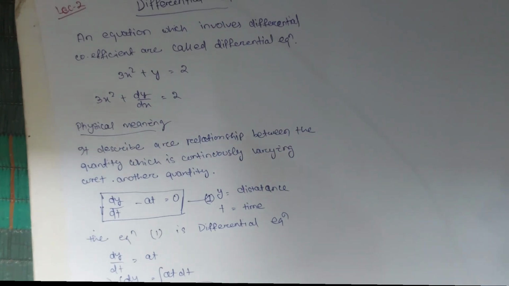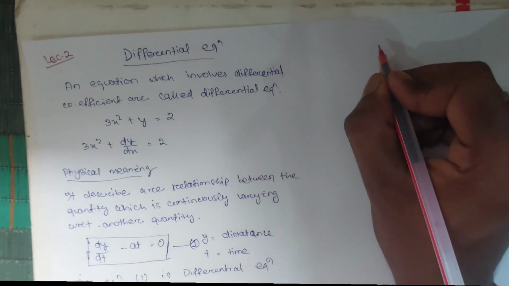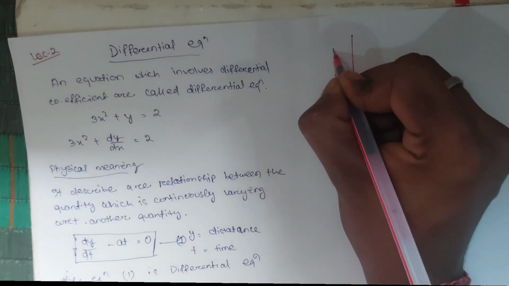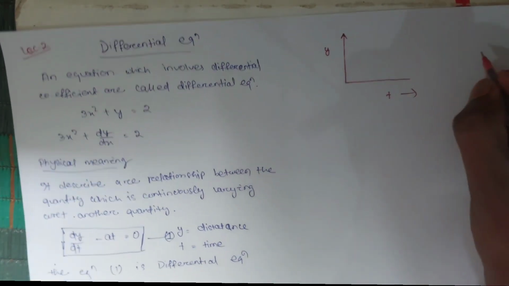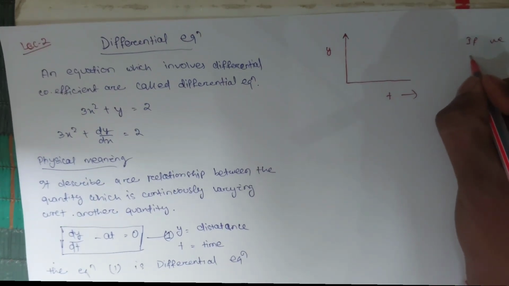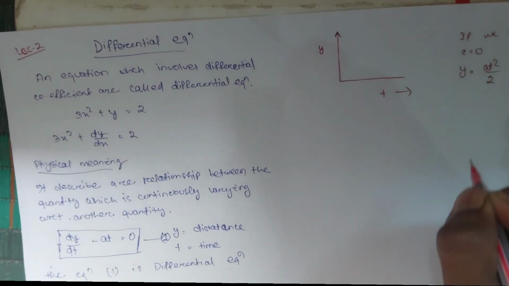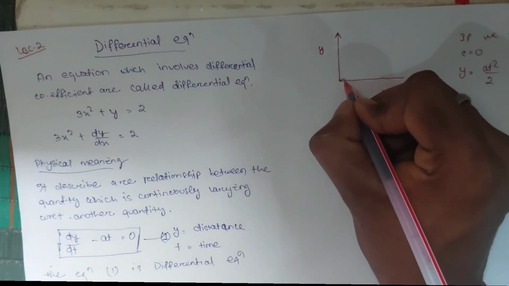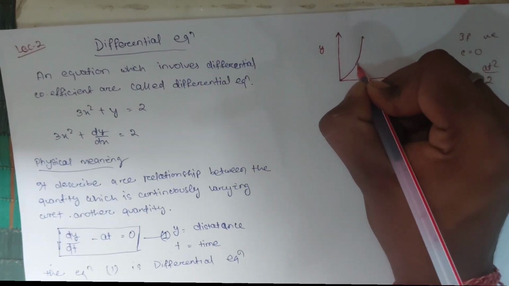Now let's see how the graph looks if we draw it using equation 2, with y on one axis and t on the other. For simplification, if we take c equals 0, then y equals at square by 2, and the graph increases with t square like this.